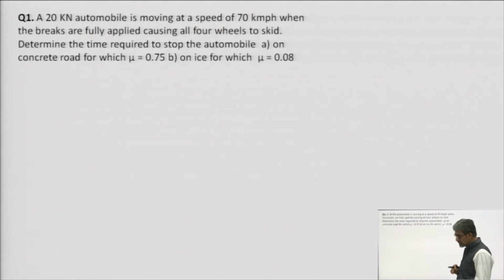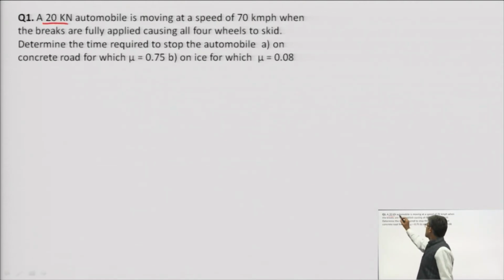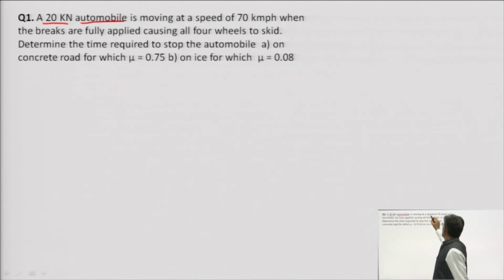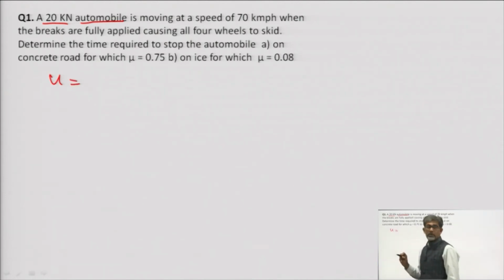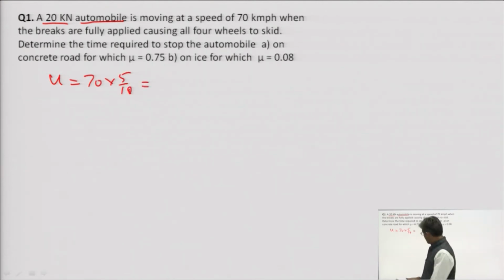Let us take the first example. Here a 20 kilonewton automobile is moving at a speed of 70 kilometer per hour. So velocity u is 70 into 5 by 18, that is 350 divided by 18, so it is 19.4 meter per second.